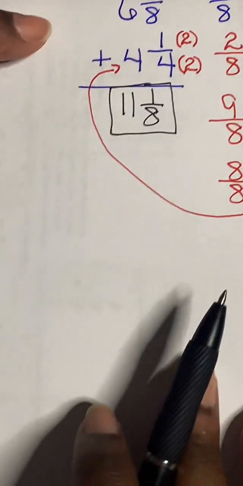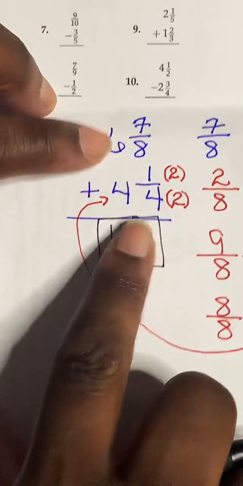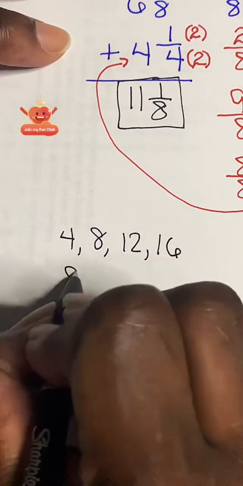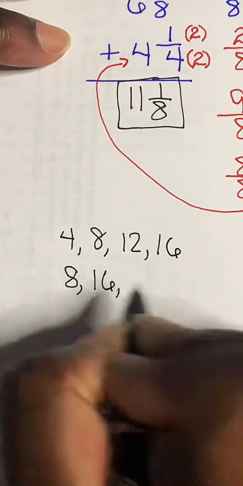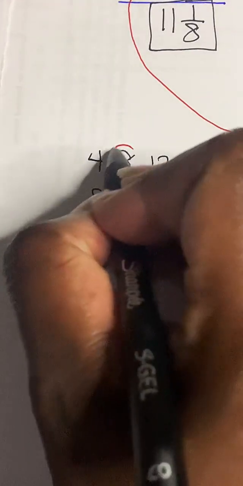So when you're dealing with the LCD or the LCM, we're looking at the numbers that they gave us. The 4 times table gives us 4, 8, 12, 16. And the 8 times table gives us 8, 16, 24. And it seems like the lowest number that they both have in common is going to be 8.